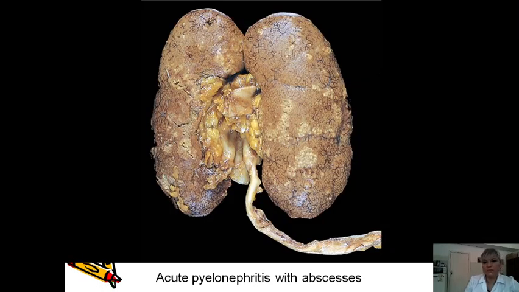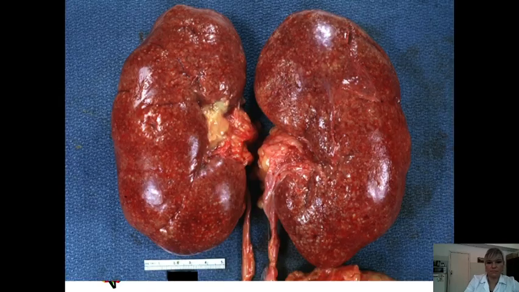Look, in this photo you can see acute pyelonephritis with formation of many abscesses, apostematous abscesses. This is a very aggressive and very serious inflammation. Look, apostematous pyelonephritis.